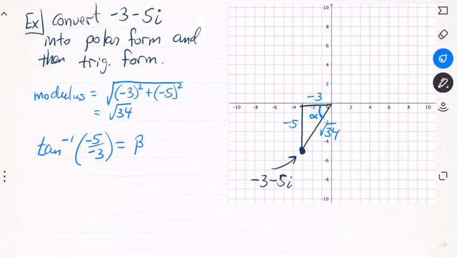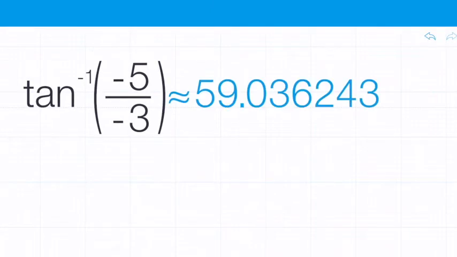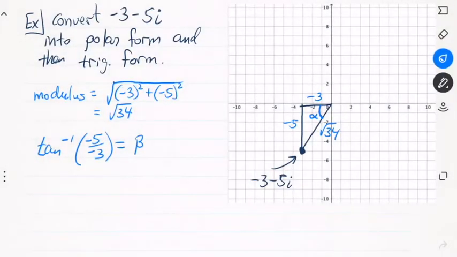Tan inverse does not guarantee you get the right angle on your calculator. It gives you an answer, which is great, but it's not always the angle you want. So I'm going to call it beta. Negative 5 divided by negative 3. There we go. It's about 59 degrees. So this is approximately 59 degrees.